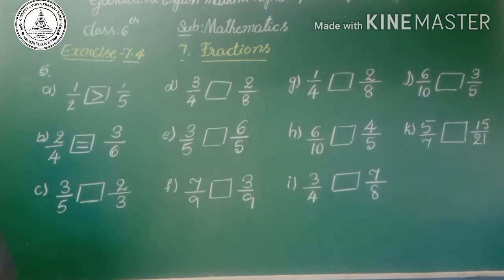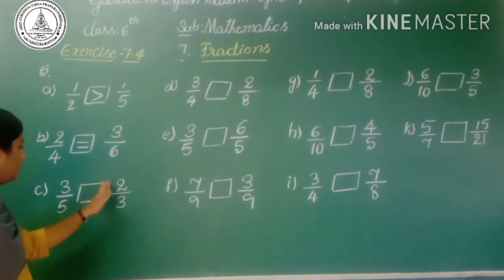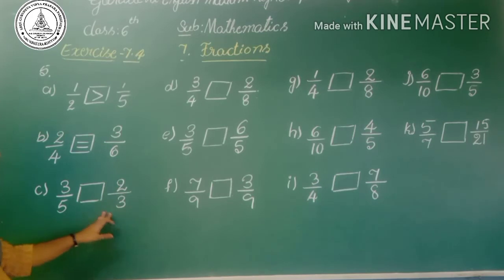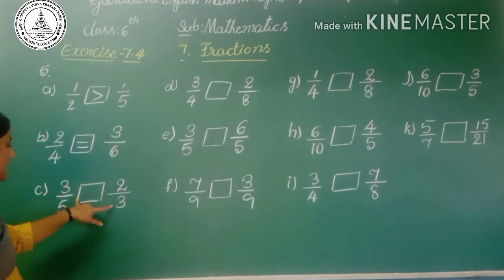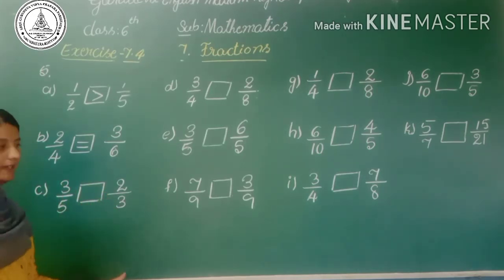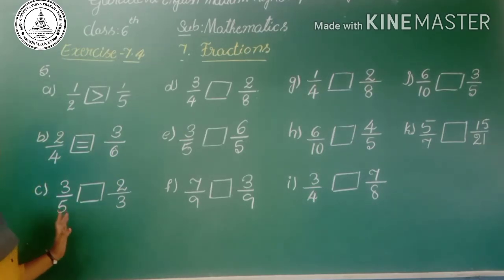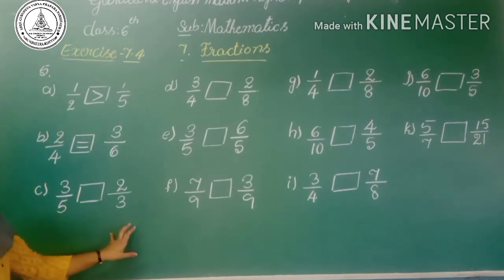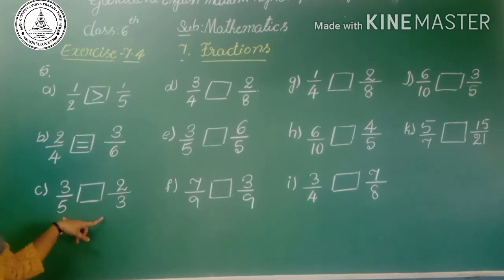Okay. Then next, 3 by 5 and 2 by 3. 3 threes are 9, 5 twos are 10. So these fractions are not equivalent. In this case, we have to write the equivalent fractions of the given fractions. 5 and 3 are co-prime numbers.